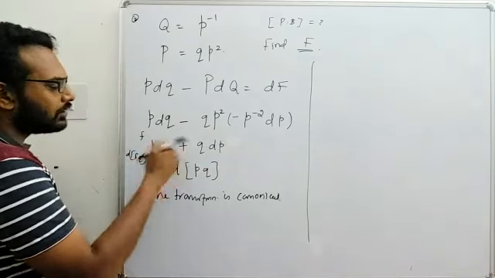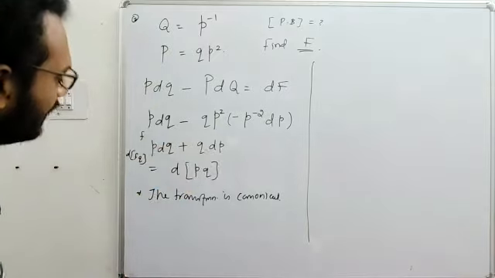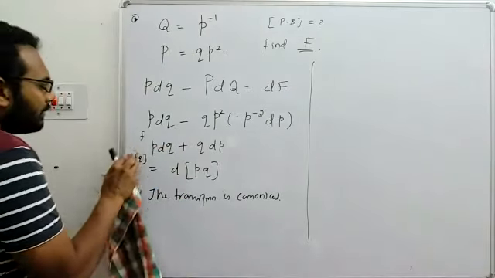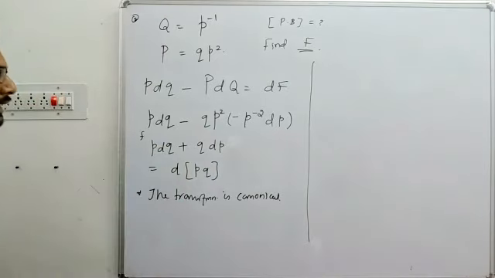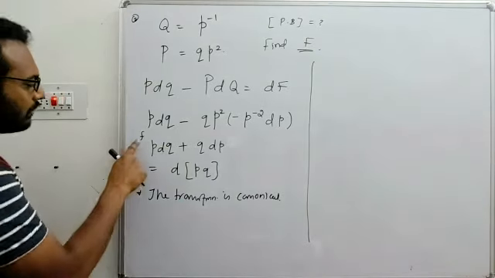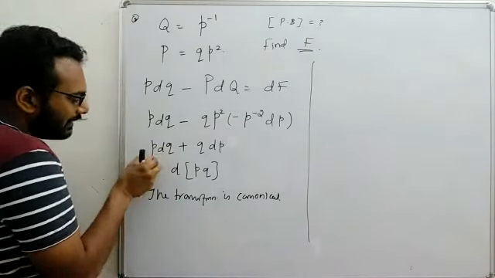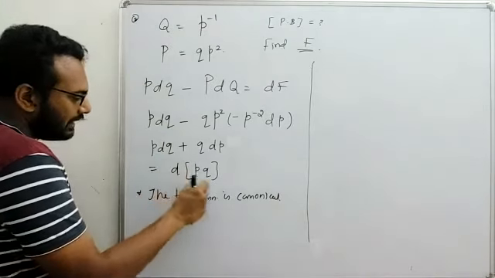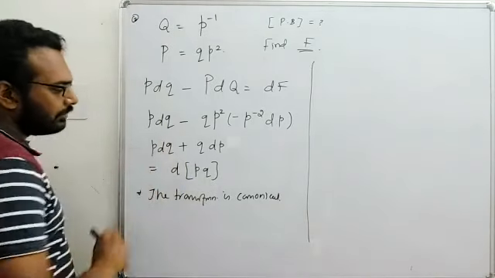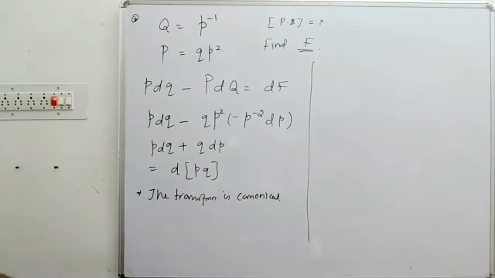Most of the time this comes out correctly. For some complicated functions, it may not be immediately obvious that it is a perfect differential, so you can always try this. Whatever is here, you take it and put it inside d of whatever is here multiplied by q, and usually that works, or sometimes it works.